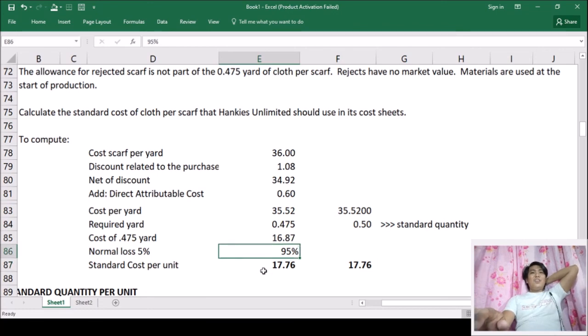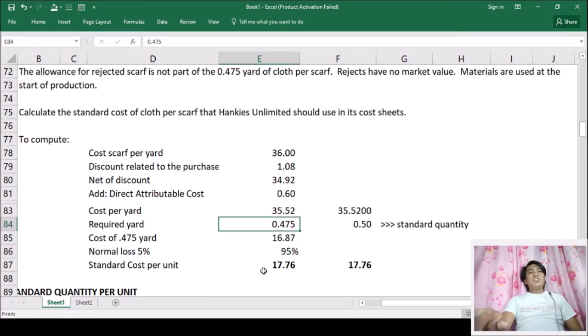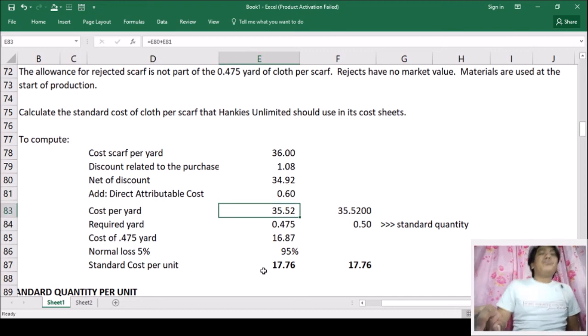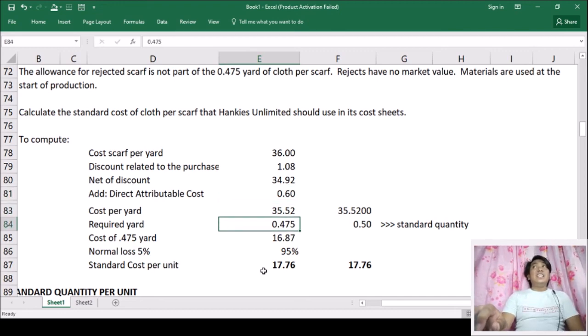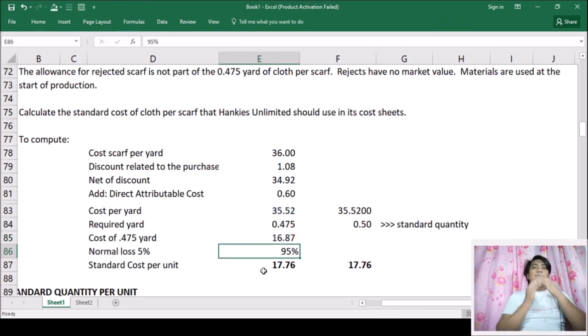You can use ito na the cost per yard at 35.52, which is the sum of 36 minus 0.08, that's the net discount, plus 0.6, that's 35.52. Okay, required yard in each unit is 0.475 only. I multiply itong 16.87, that's 35.52 times 0.475.